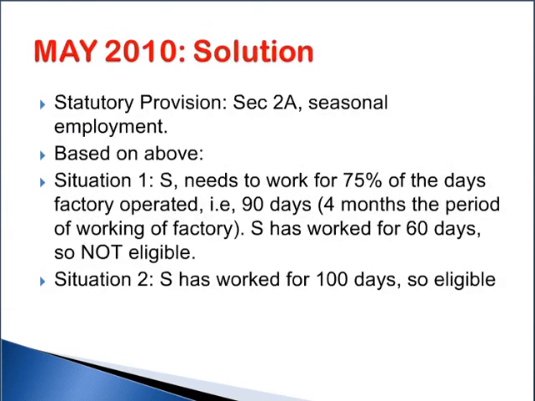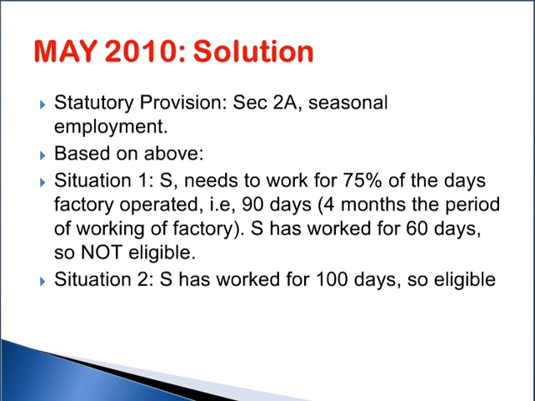The solution to the above problem, based on the statutory provisions given under section 2A regarding seasonal employment, there are two situations covered in the question. The provision in section 2A states that where an employee is part of an industry which is seasonal in nature, to be held as in continuous service, the employee must work for 75% of the days for which the seasonal establishment has worked.